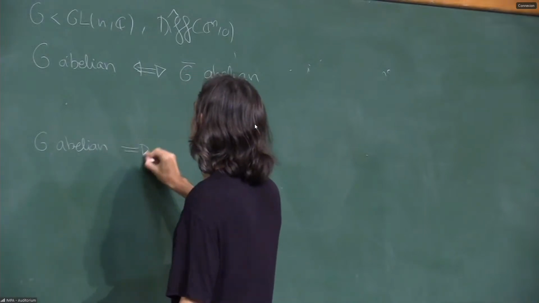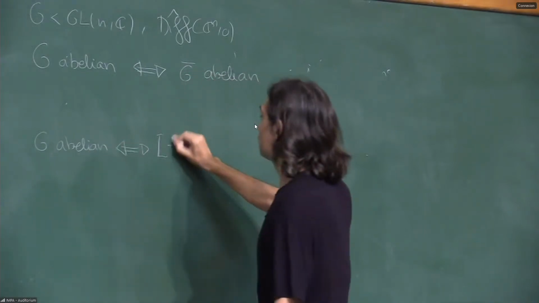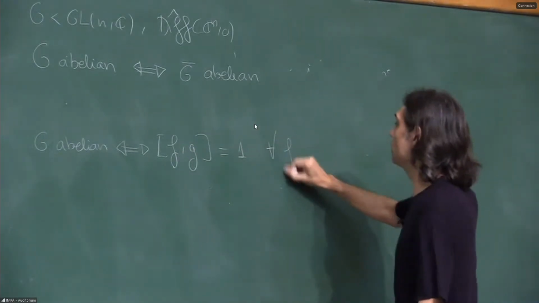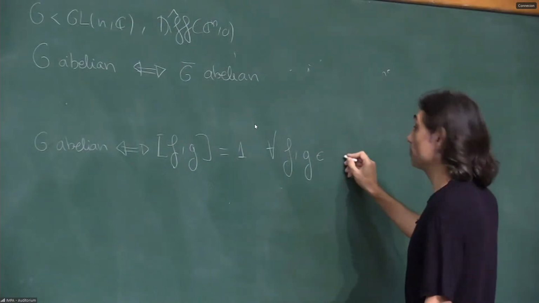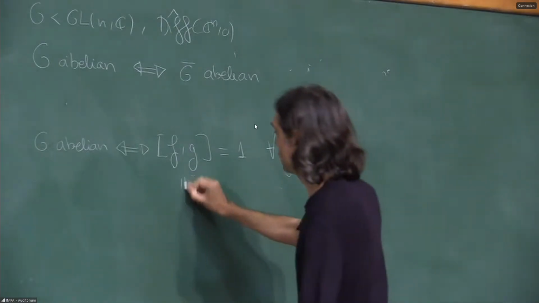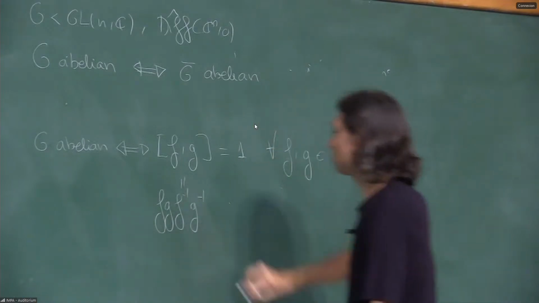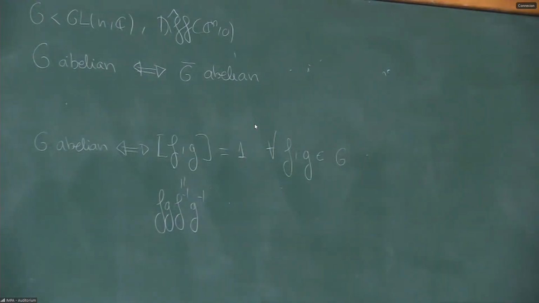G is abelian if and only if the commutator of F and G is the identity element for every pair of elements of G, right? The commutator, if people don't remember, is this expression over here. That is the identity element if and only if the elements commute.